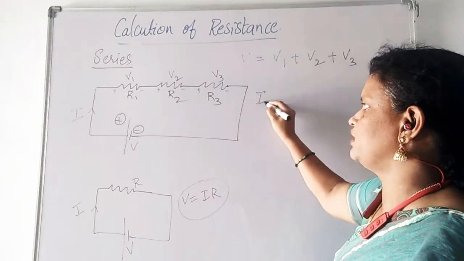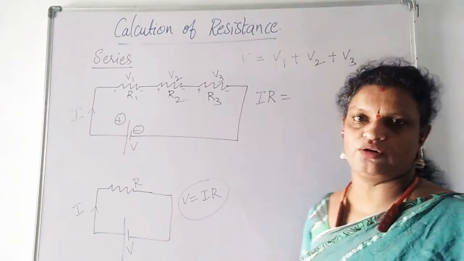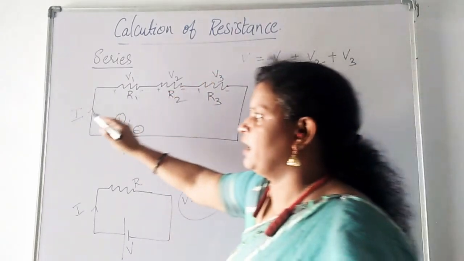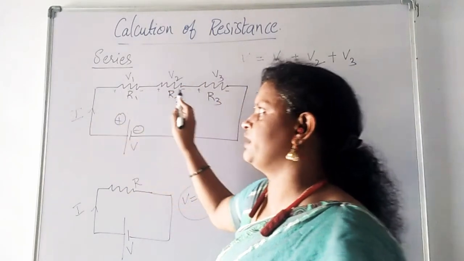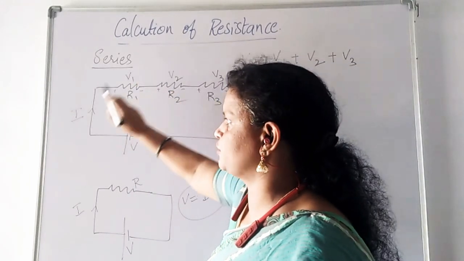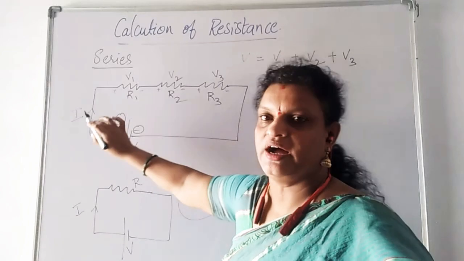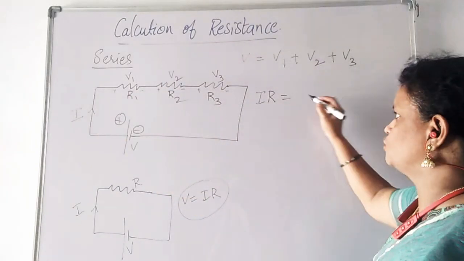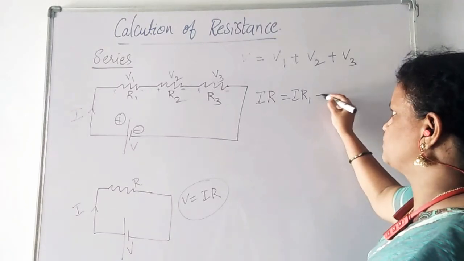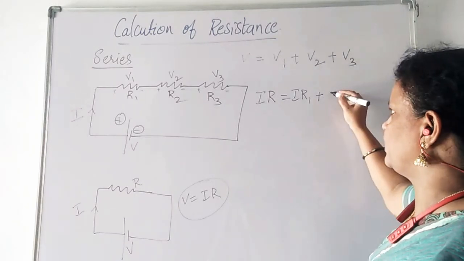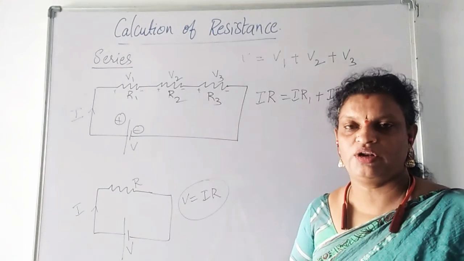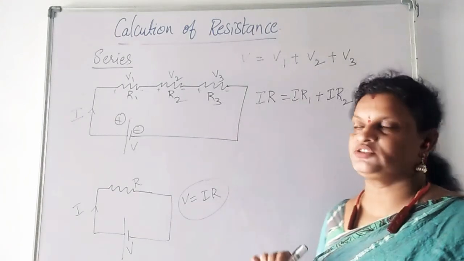So IR is equal to, in place of V1, as the current is similar everywhere as we have seen previously, V1 is equal to I into R1. Next, plus V2, we can write I into R2, because the I value is similar everywhere. Only the R value is changing, and the V value also is changing.